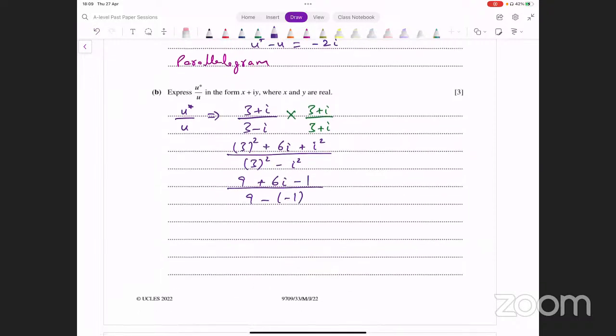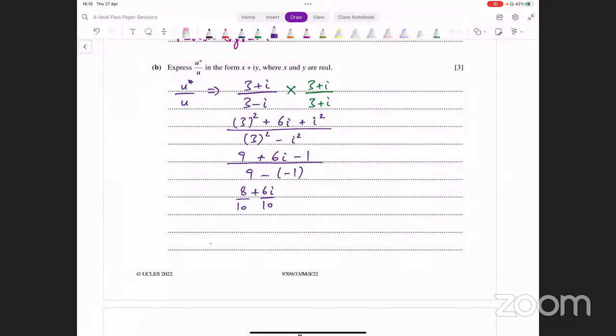And that gives us 8 plus 6 iota divided by 10. If you want to write it separately, it would be 8 over 10 plus 6 over 10 iota. We could simplify this, and this turns out to be 4 over 5 plus 3 over 5 iota. This is what u conjugate over u is.